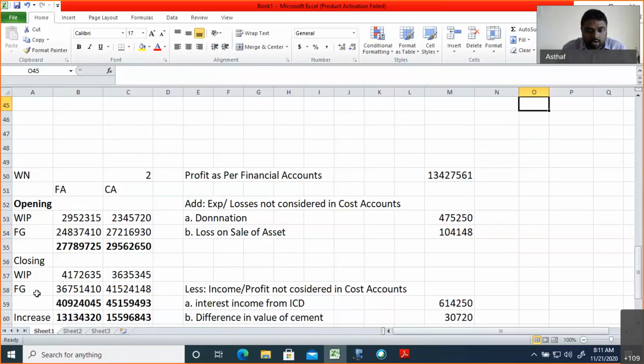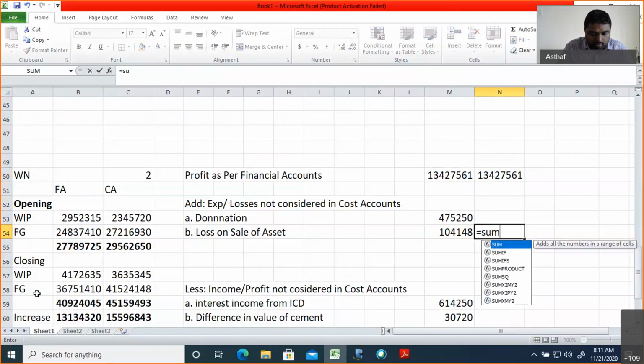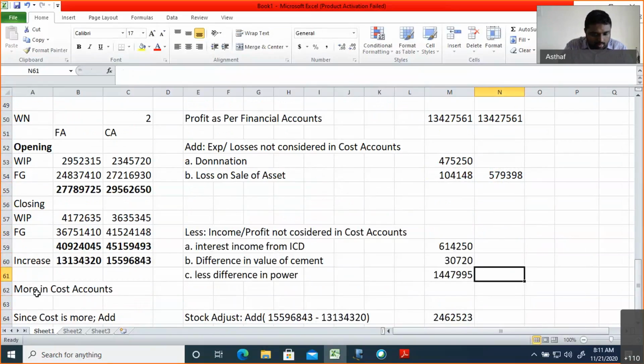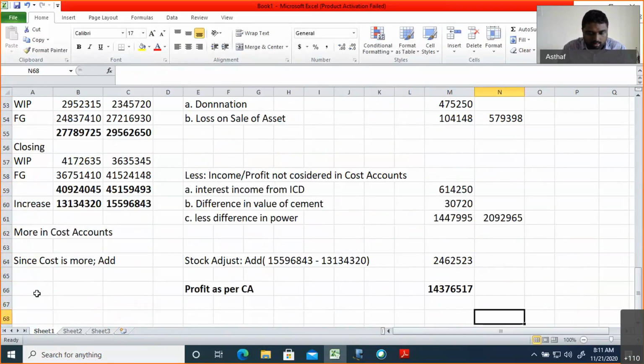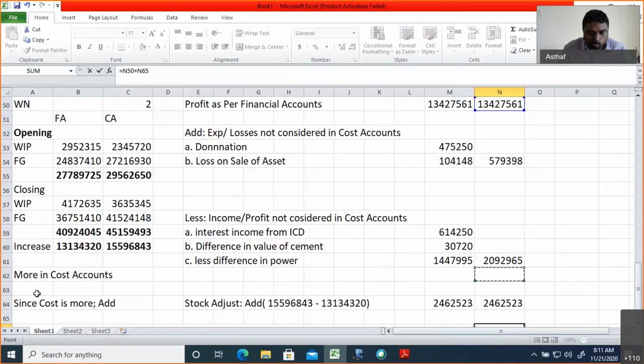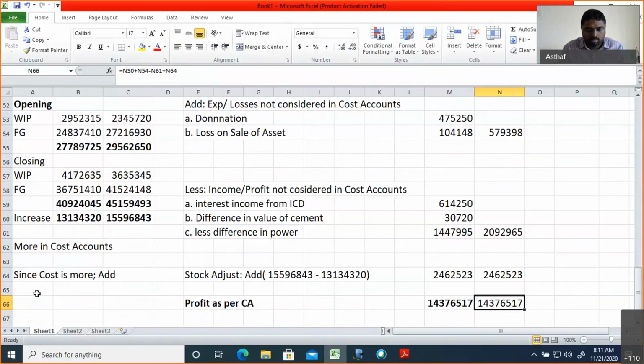So you can make the note properly. That's all, my dears.